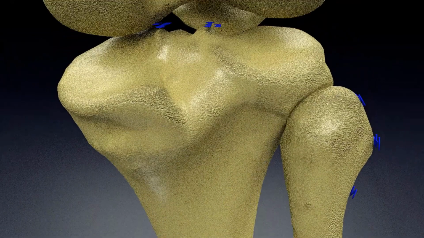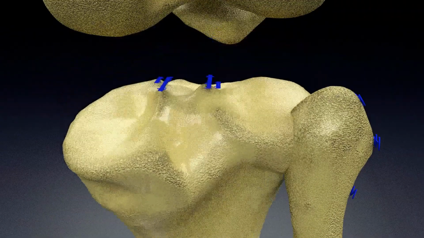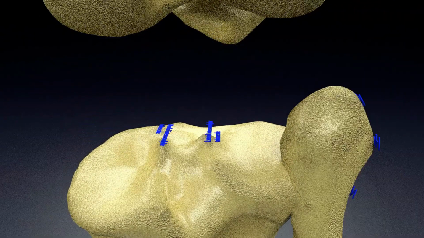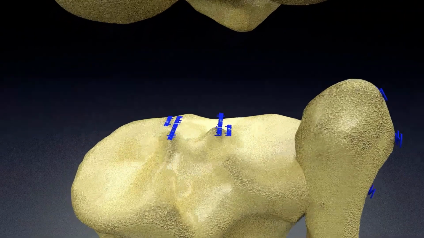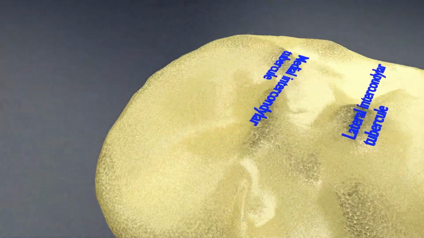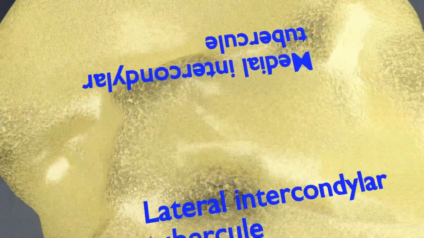Now I will talk about the articulation surface of tibia. The tibia along with the femur forms the tibiofemoral joint, commonly called as knee joint. The articulation surface of tibia has medial intercondylar tubercle and lateral intercondylar tubercle, which gives attachment to anterior horn of medial and lateral meniscus of knee joint respectively.